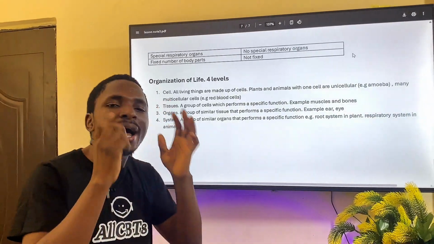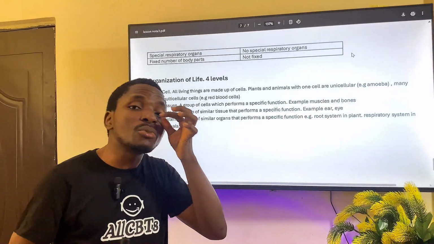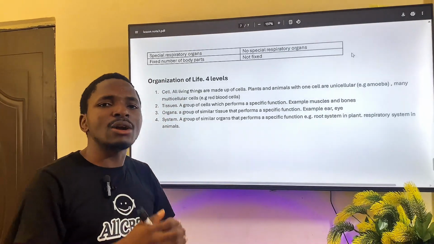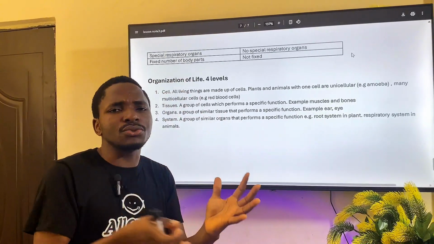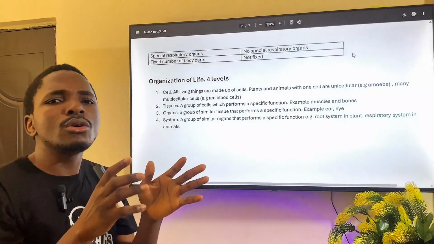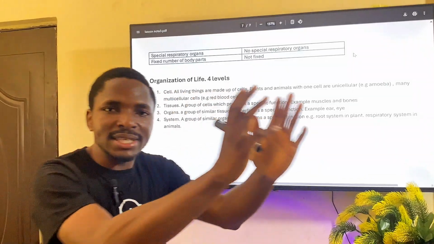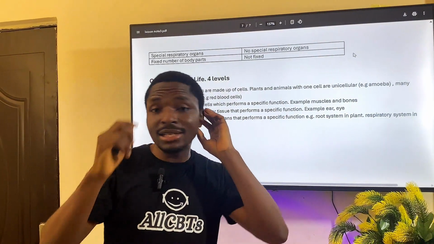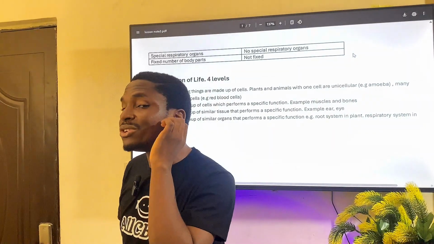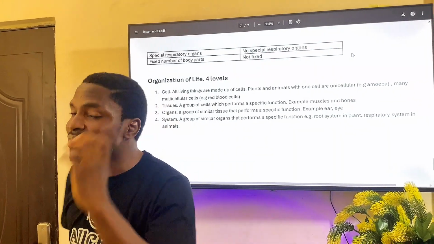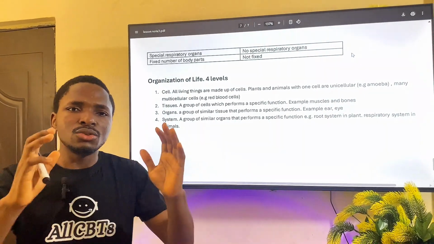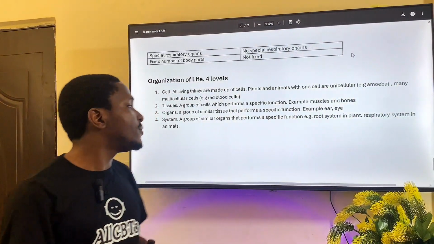For example, your eyes that look so small as this is a large organ that contains several tissues that must come together to work towards the purpose of seeing. You have your ear, that is just the outward ear that is just so small like this, or the external part of your ear. Your ear is way bigger than what you see here. It's made up of several tissues that come together to perform a specific function.